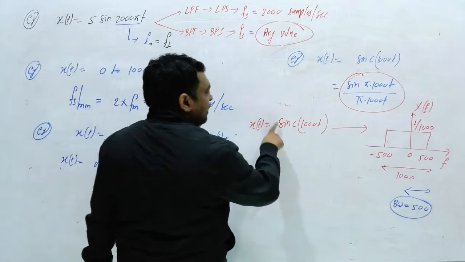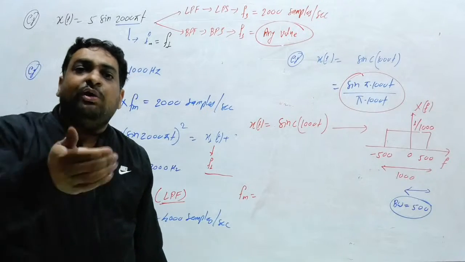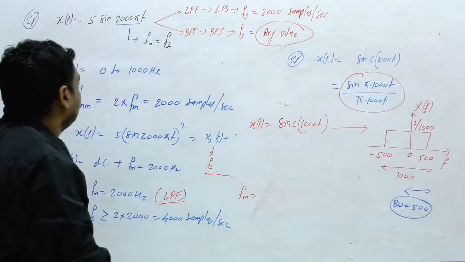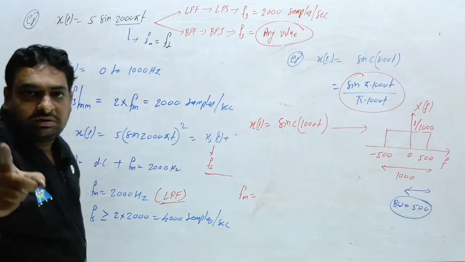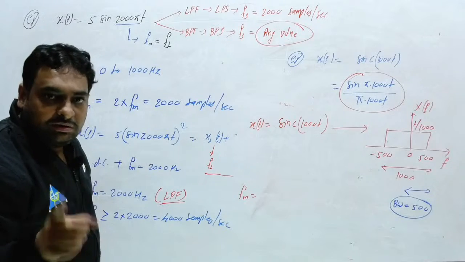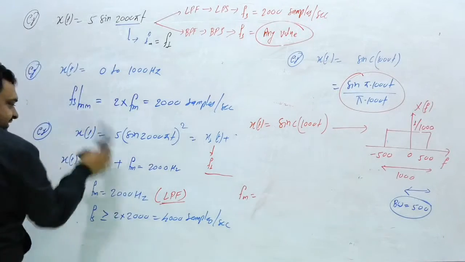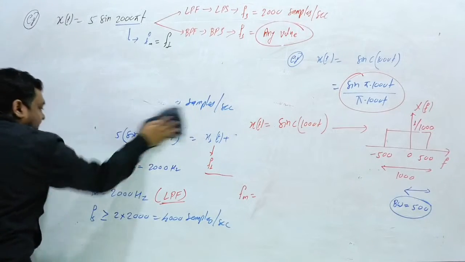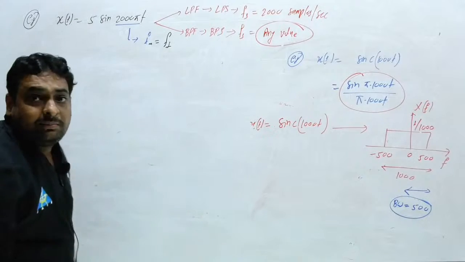Now I will ask you, is this signal a low pass signal or a band pass signal, or can we treat it as both? Anybody can tell me? This signal you can treat as both low pass and band pass. That is your choice. Now consider the Fourier transform of a single sine or single cos: the magnitude spectrum.